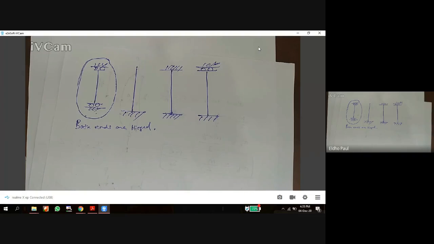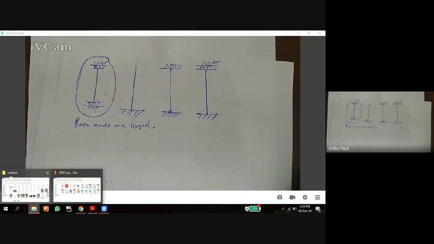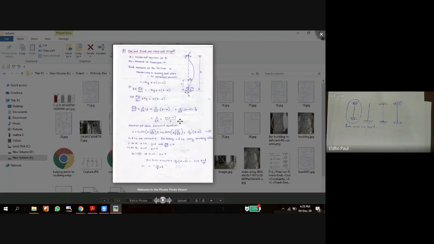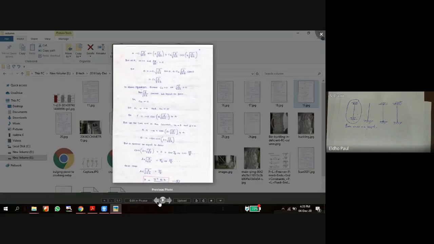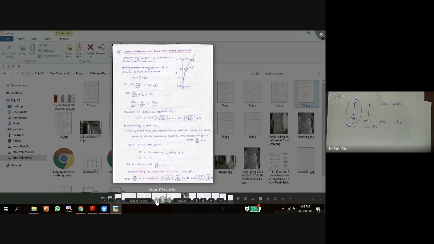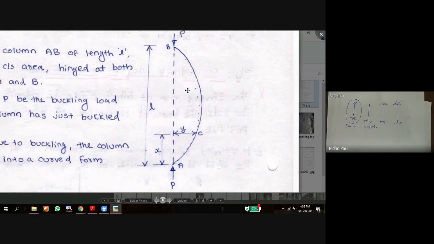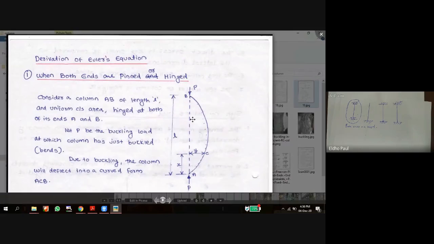So in this hinged member, this is the derivation for Euler's equation.